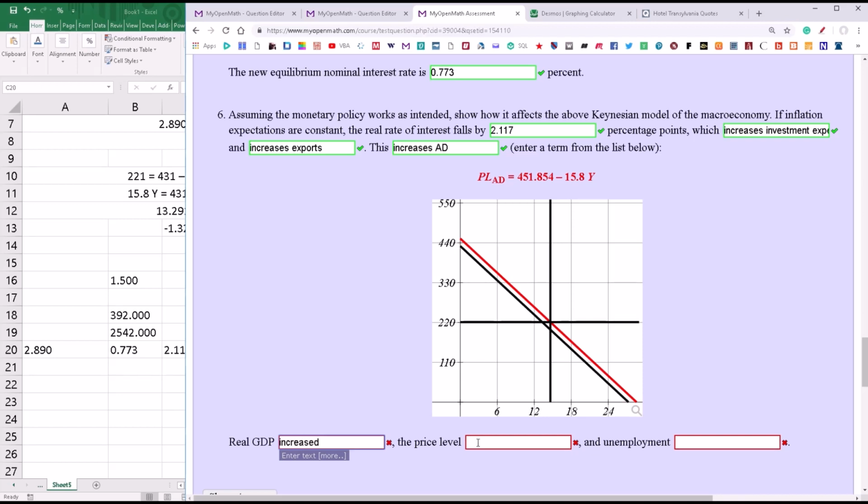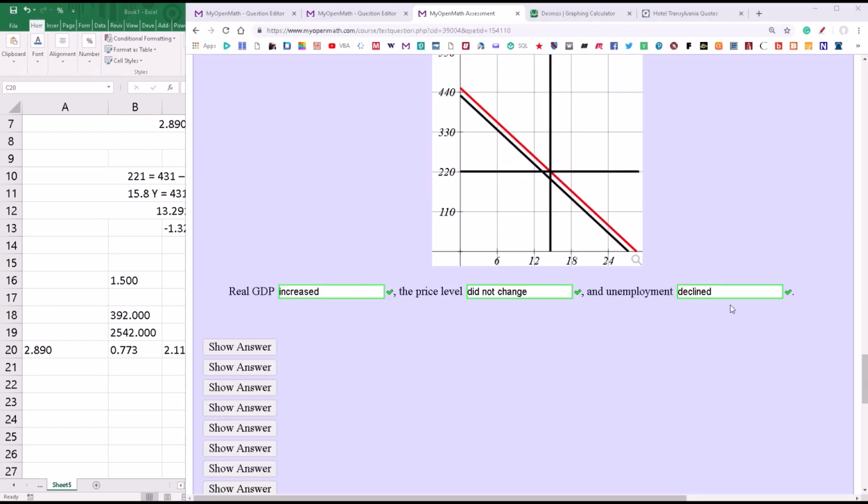The price level does not change. And the unemployment rate decreases. So real GDP increased, the price level did not change, and the unemployment rate declined. And that's monetary policy in the Keynesian model. There is no consequence on price level in the short run.